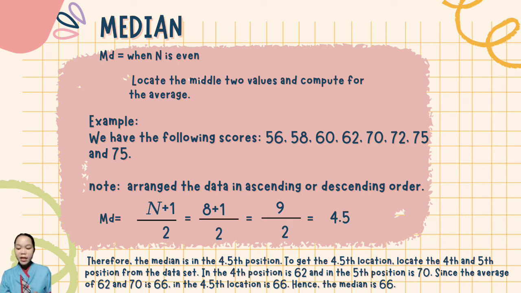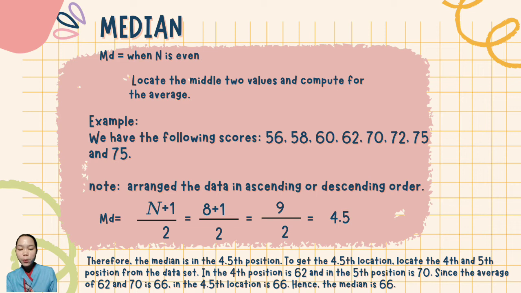In this case, it is already arranged in ascending order. So median is equal to n plus 1 over 2, which is our formula. So 8, which is the number of scores, plus 1 divided by 2. 8 plus 1 is equal to 9. 9 divided by 2 is equal to 4.5. Therefore, the median is in the 4.5th position.